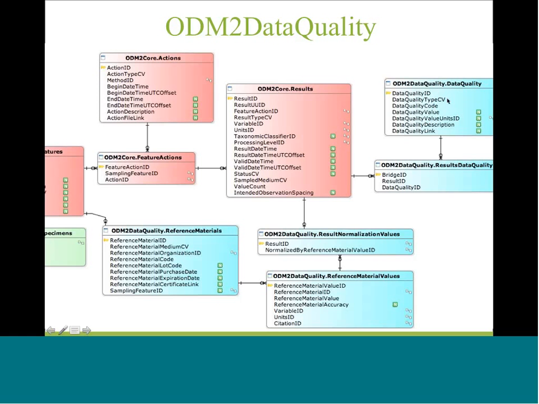So the data quality type might be precision 2 sigma or 2 standard deviations or something like that. And then the value would actually be a real value in relative units or absolute units for that particular variable. Or the data quality type might be a quality control flag of some type, and the code might be below detection limit or below reporting level or exceeded calibration range or something like that.